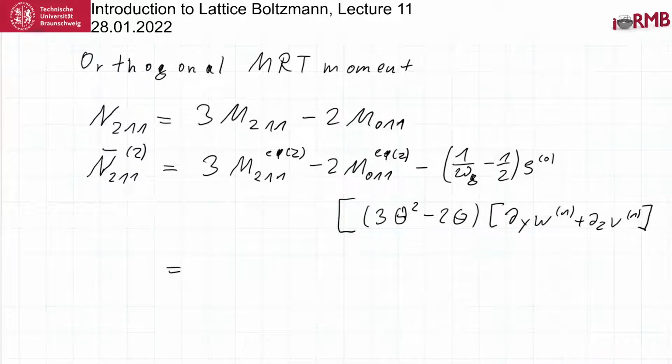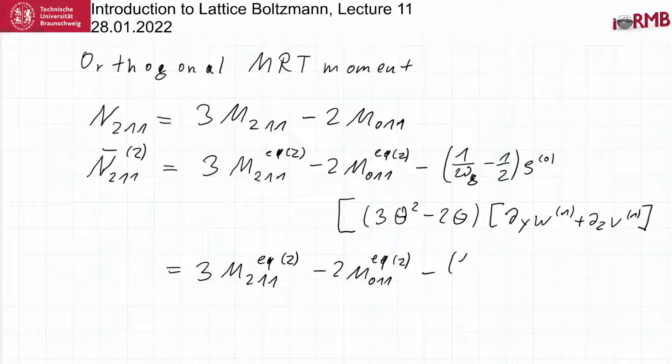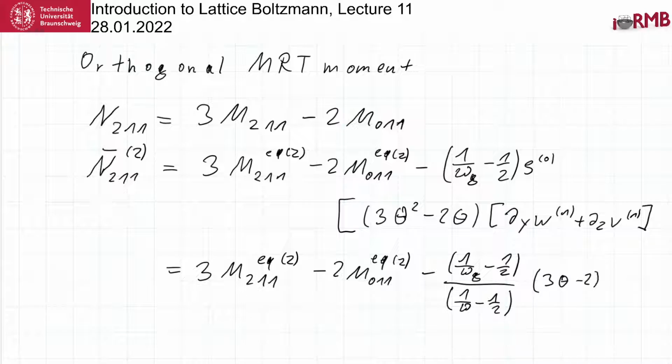And if we do the same thing as before, we see that this is M211 equilibrium 2 minus 2 M011 equilibrium 2 minus 1 over omega minus 1/2 divided by 1 over omega minus 1/2 into 3 theta minus 2. Yeah, this is equal to minus 1.